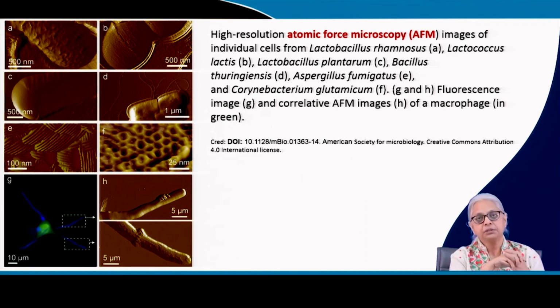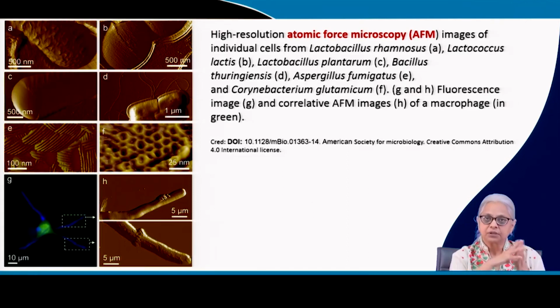Now, it's important for me to say something over here, that if you have a pure culture which has been defined as a pure culture either based on plate counts or biochemical testing and so on, then you can use these pure cultures and follow it up with atomic force or scanned probe microscopy, and then get an idea of what the individual cells of that particular species look like.